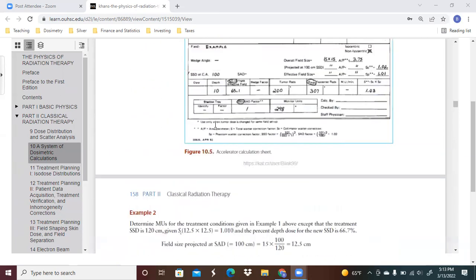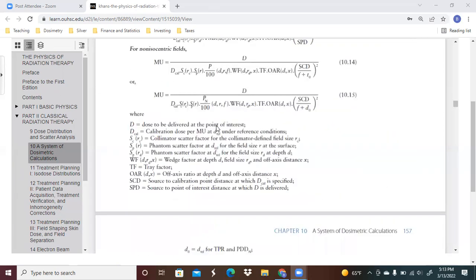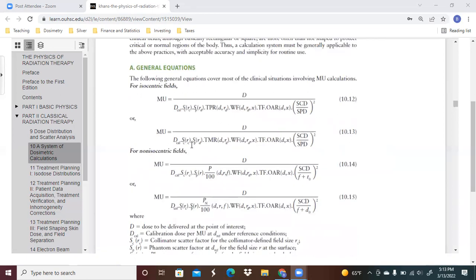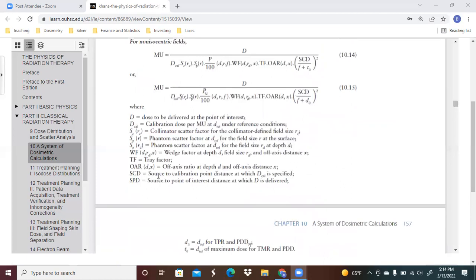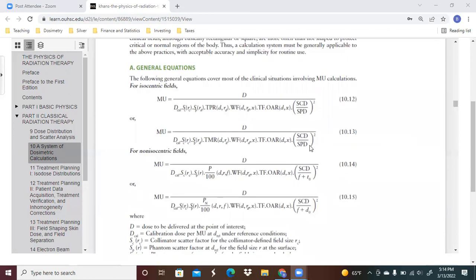So using equation 10.13, which if we go back to, it's going to be this one. So we know this factor, we know this factor, we know this factor. We've been given this: no wedge, no tray, no off axis. This is going to end up being the source to point of interest distance at which D is delivered.